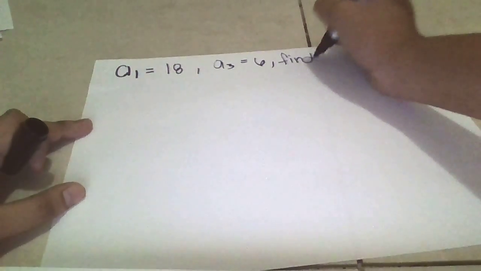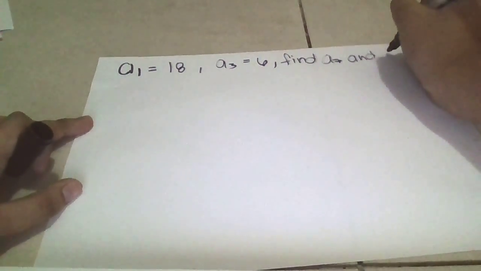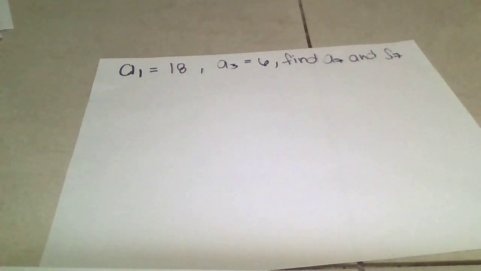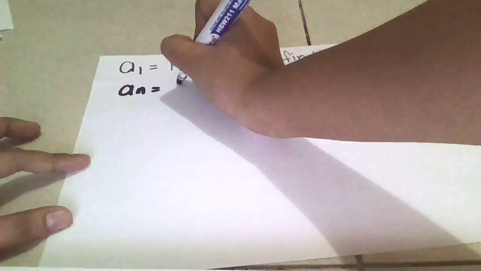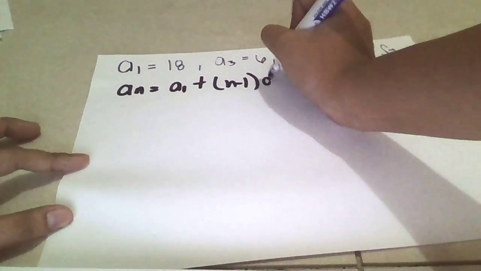Find a sub 7 and S sub 7. First, you're going to find the common difference. So a sub 1 plus n minus 1 d equals a sub 3.